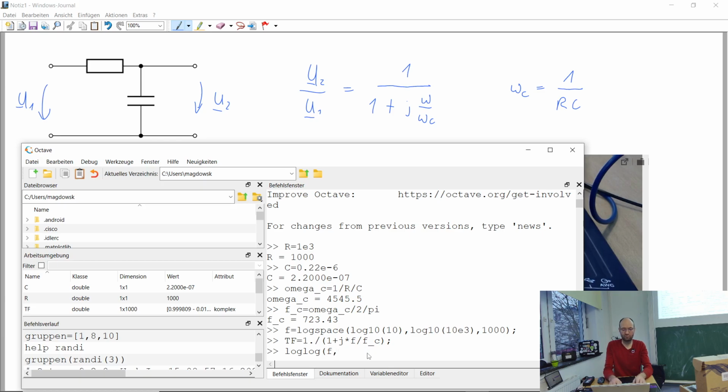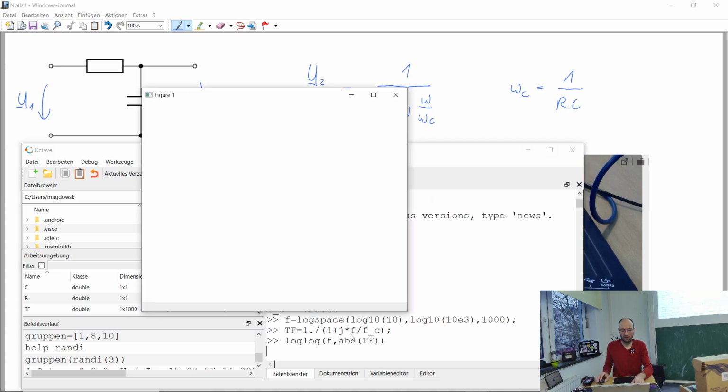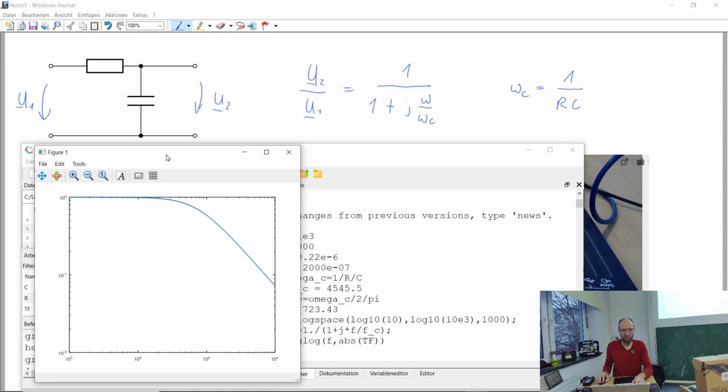And so now we can plot this, and I will also use a double logarithmic scaling. With respect to the frequency, we can plot the magnitude, the absolute value of this transfer function. And then it looks like this. If we label our axis, this is the frequency in Hertz. I don't know why these numbers are still so small in Octave. And this is the amplitude of the transfer function.